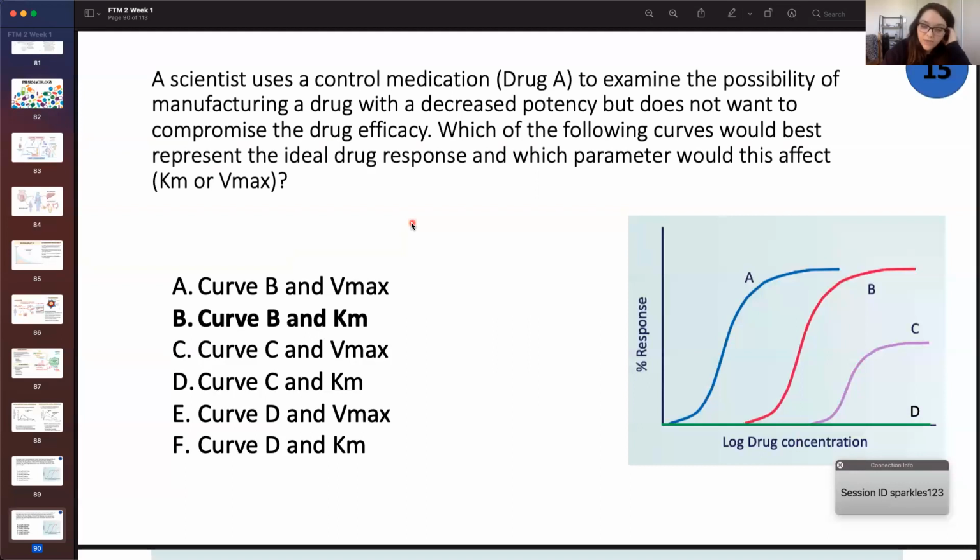That is why B would be the best option. If we're talking about C, then we're saying that this drug is decreasing in efficacy, and the question says you don't want to compromise the drug efficacy. So that's why B would be your best answer.